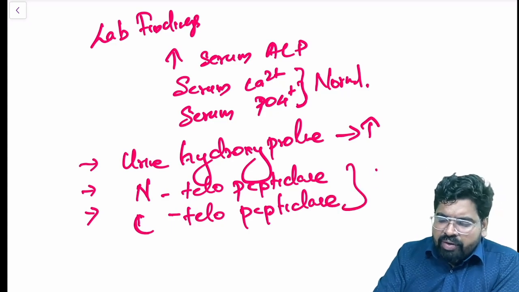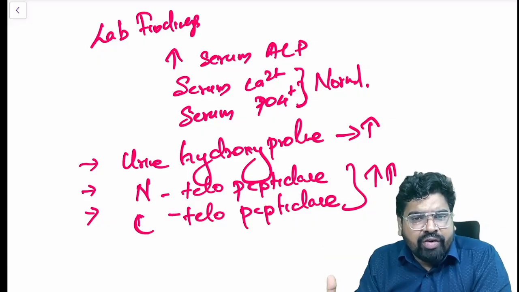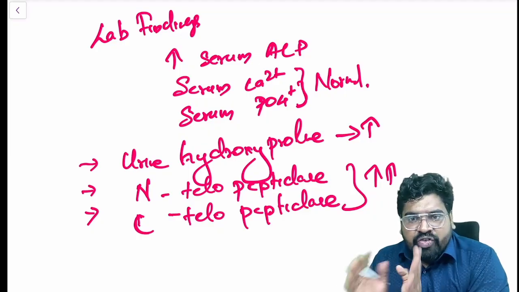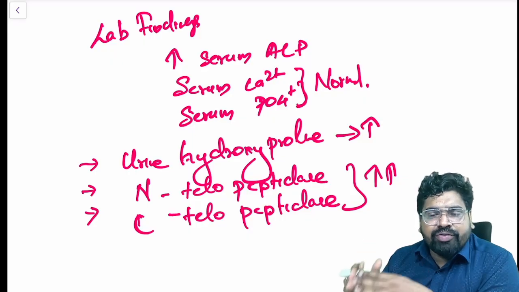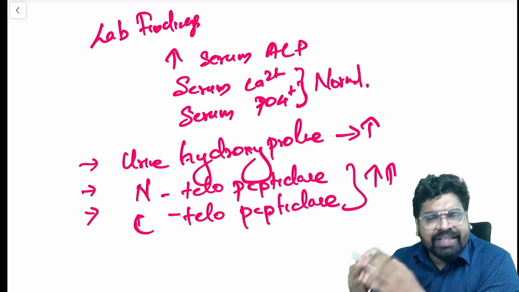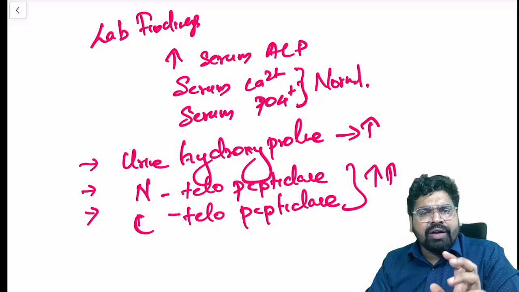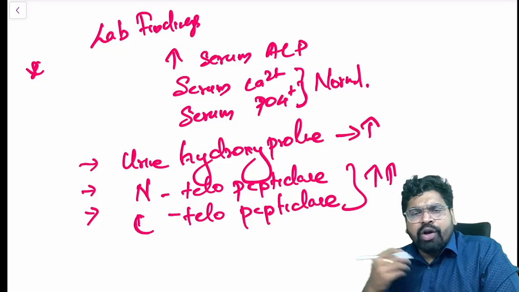These are all products of bone or collagen destruction. When there is increased bone resorption and collagen damage, all these things are excreted through the urine. This is a question area. Please note.